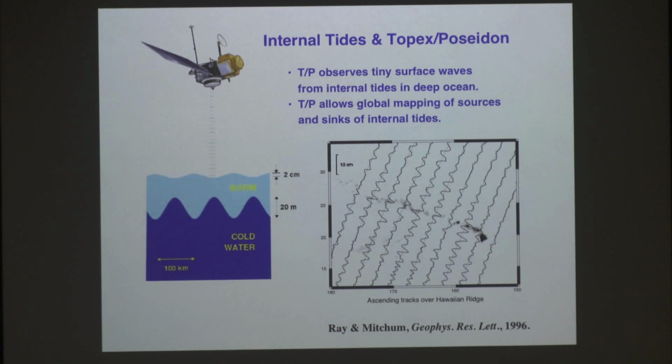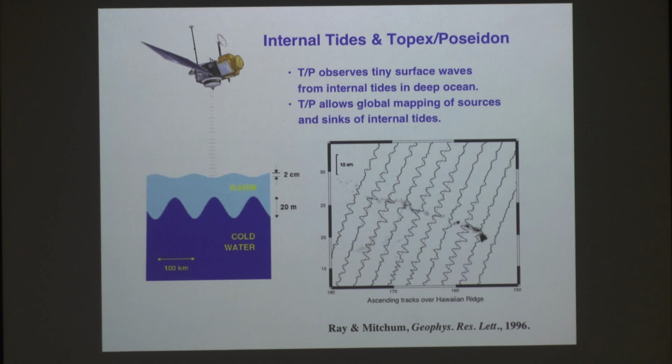So those are estimates of the M2 tide along TOPEX tracks. That's the amplitude. And then you take those amplitudes and you high-pass filter them to get rid of the broad-scale barotropic tide. And so you have these oscillations.